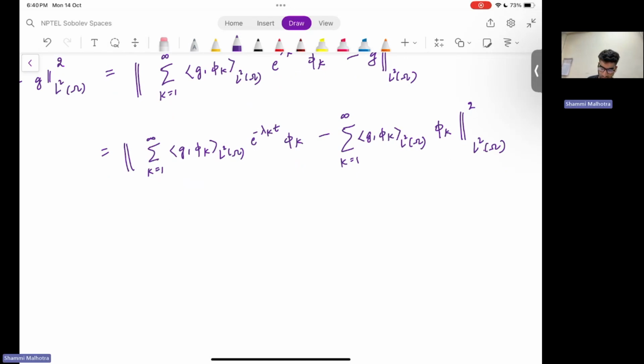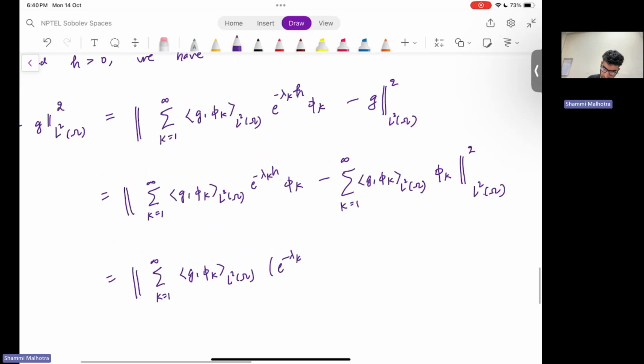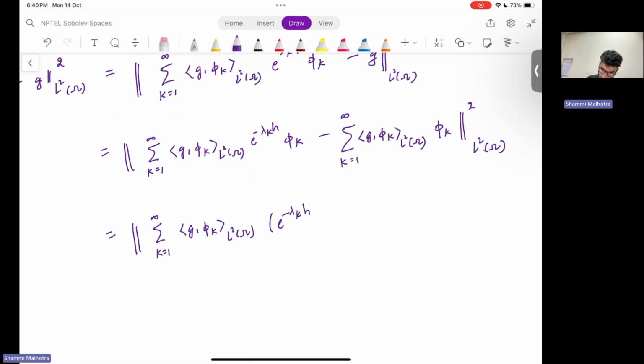So all this can be written as summation k from 1 to infinity of the inner product of g with phi_k in L2(omega), and then e^(-lambda_k h), sorry, it has to be h, so it's e^(-lambda_k h) minus 1, times phi_k in L2(omega), whole square.